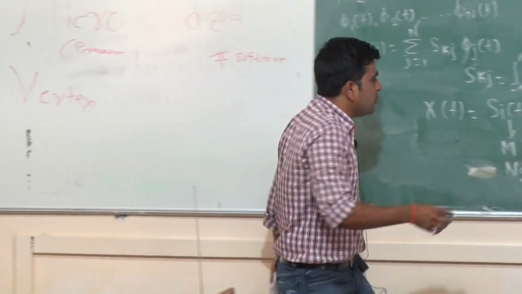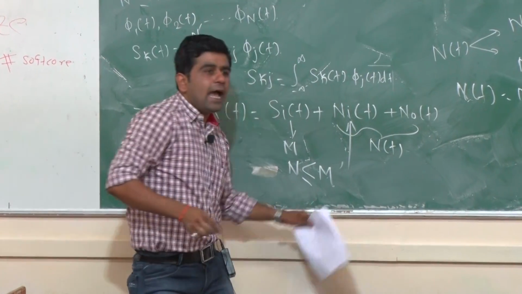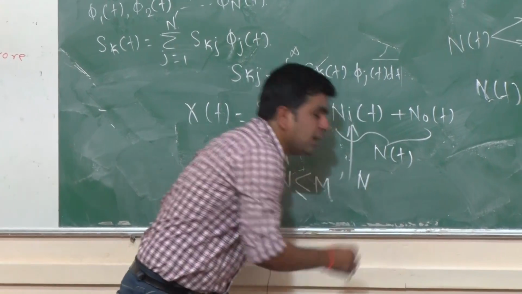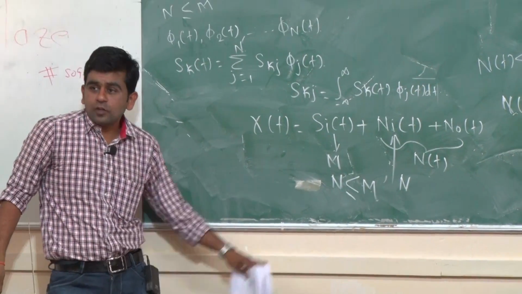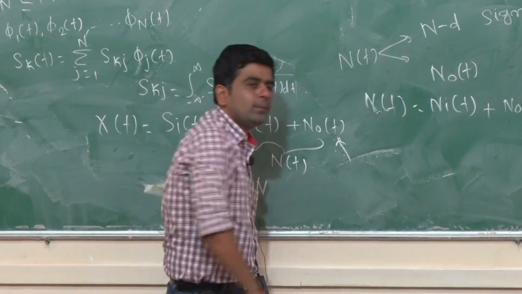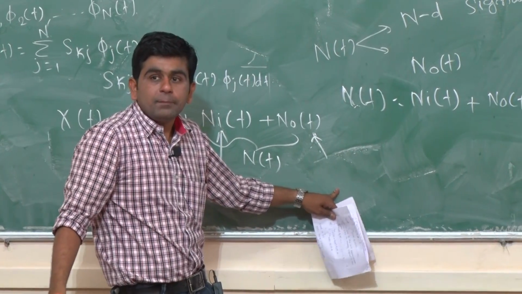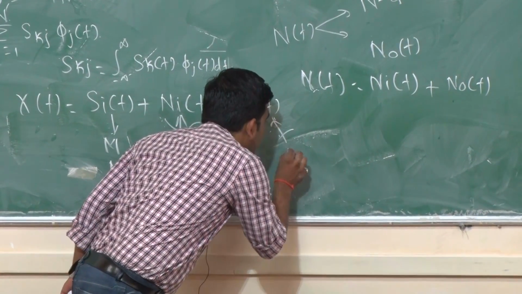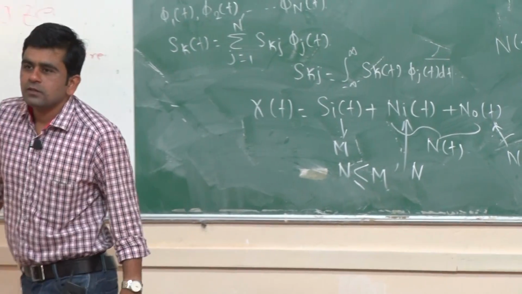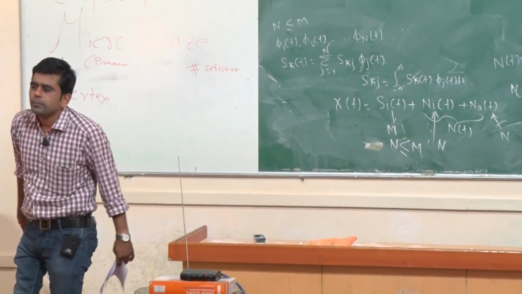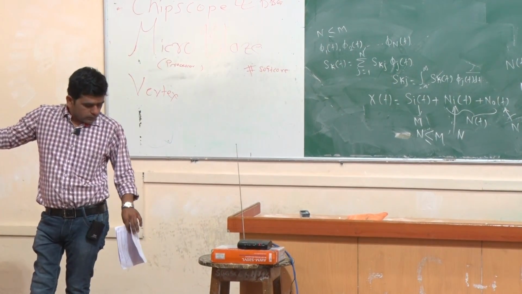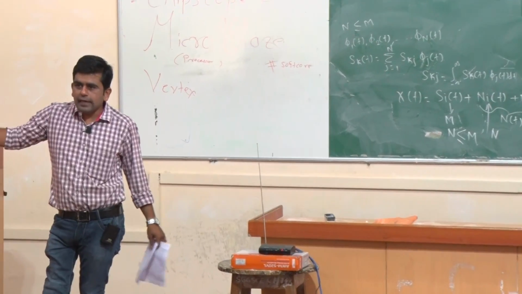So out of this, we consider n i of t, which can be represented by capital N basis functions. This is the first part. And secondly, the remaining part which cannot be represented by capital N basis functions. This is out of the scope. Is it clear up till now?